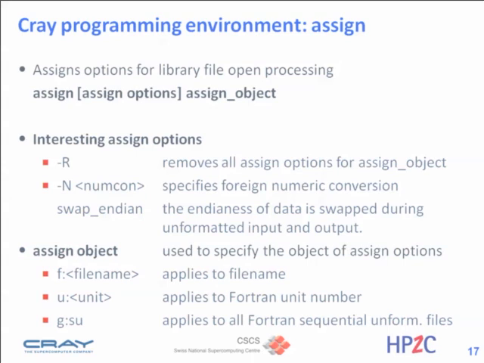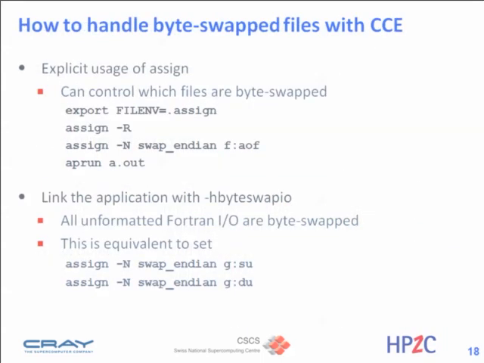Okay, this applies to Fortran only. So you have ways to control what happens. This is an example: all the I/O to file AOF will be swapped. This is the effect of this assign statement. And you decide at runtime what is affected and what is not affected by this statement.